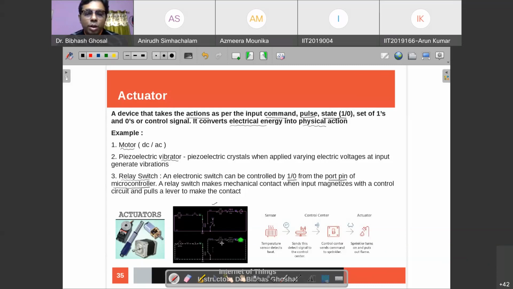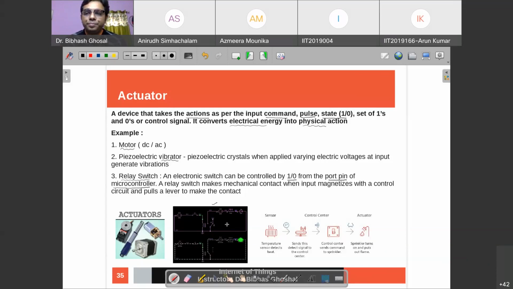And when there's a pull, then you have a circuit getting closed. When the circuit gets closed, you have some kind of an output that you see in this green bar, the light that you see here. It's like a circuit getting closed when the input is magnetized. And when it is demagnetized, it releases the switch, and then the circuit breaks and it is off.